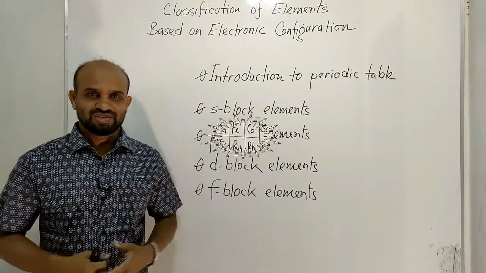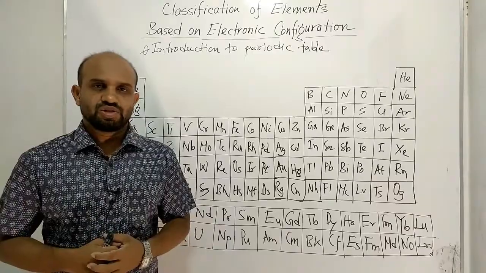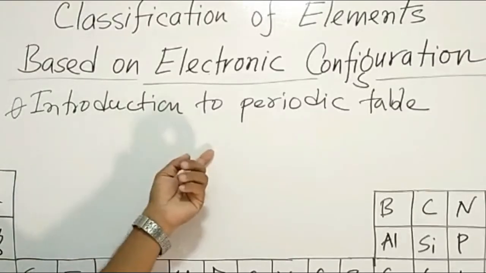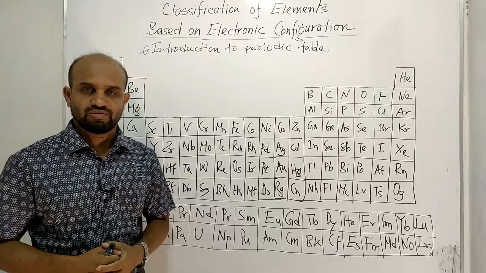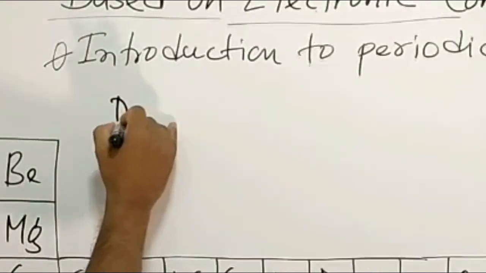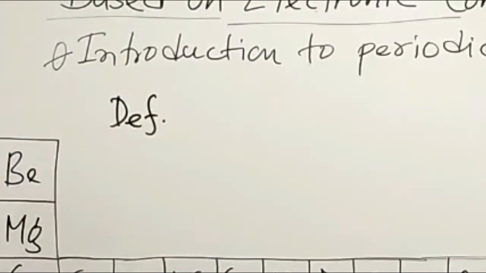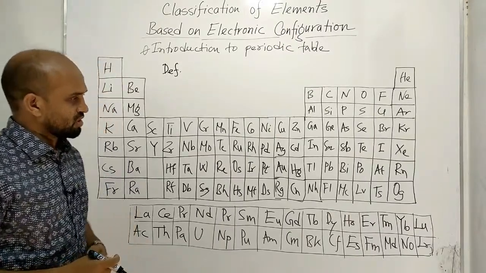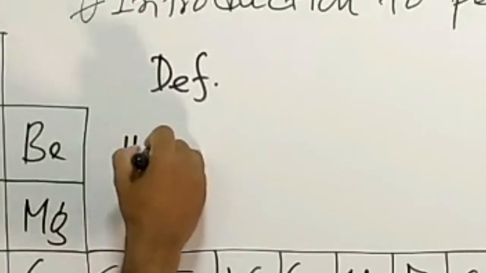So let's begin. The very first point is introduction to periodic table. First of all, we will see the definition of periodic table. In this periodic table, there are 118 elements.